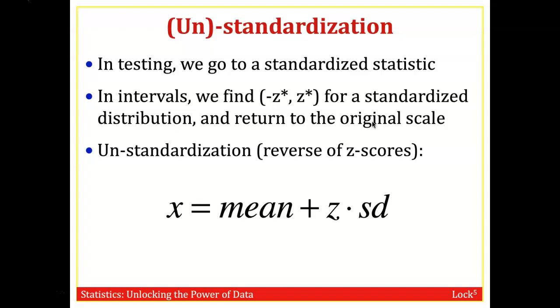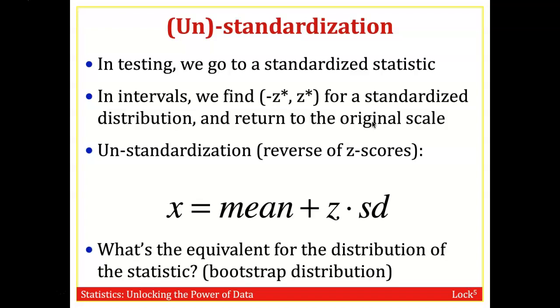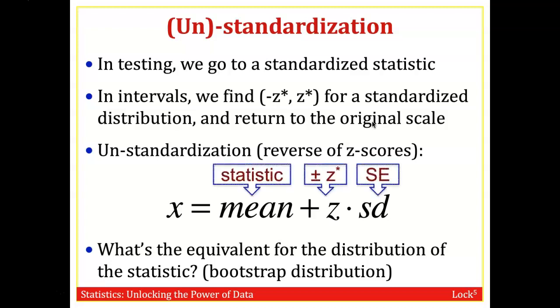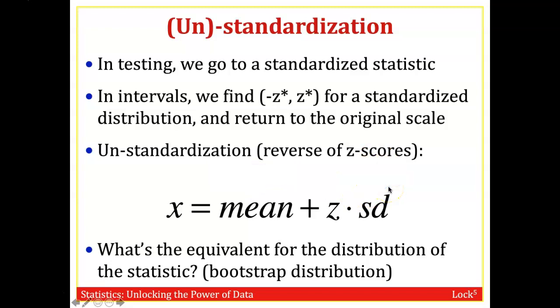So we'll take the mean plus z times the standard deviation, but what's the equivalent for the distribution of the statistic? It's going to be the bootstrap distribution. So let's have a look. The process will be to take the statistic plus or minus the z star times the standard error, where temporarily the standard error is going to come from the bootstrap distribution.